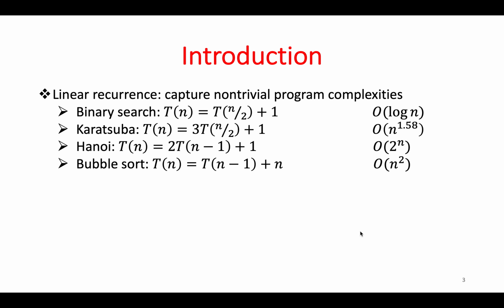Karatsuba solves to an irrational degree, and Hanoi solves to an exponential complexity. Bubble sort has quadratic complexity. All these different classes of complexity are expressed using linear recurrences.